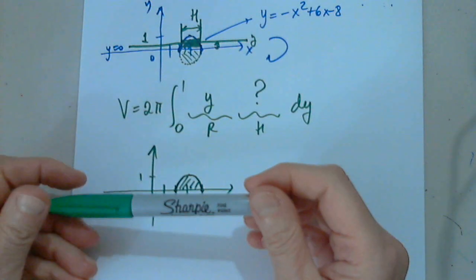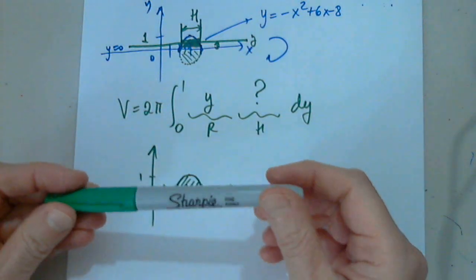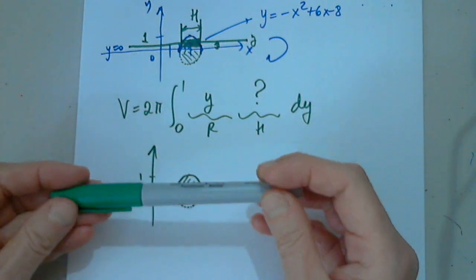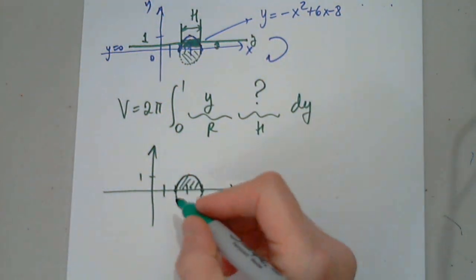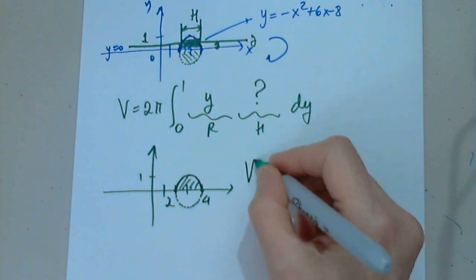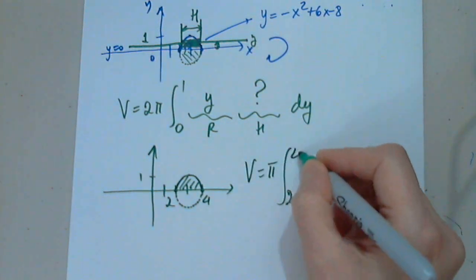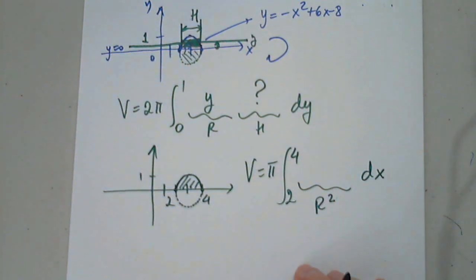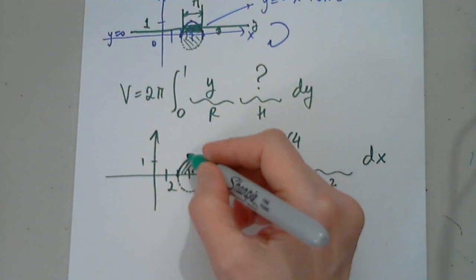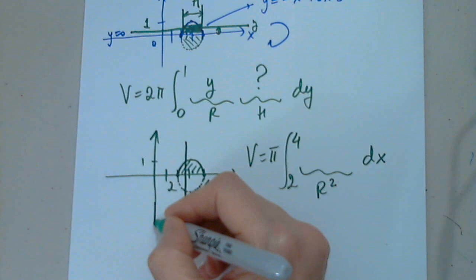And when we use discs and washers, when we rotate with respect to a horizontal axis, we go from left to right. So this time it's between 2 and 4. And remember the formula, pi, integral from 2 to 4 of radius squared dx. Okay, for a particular x value.